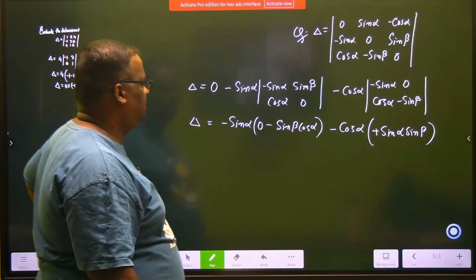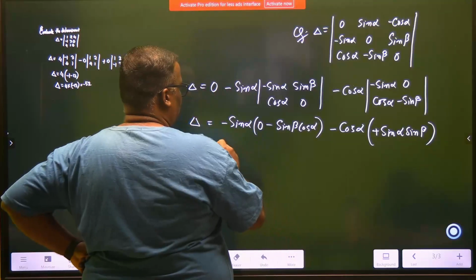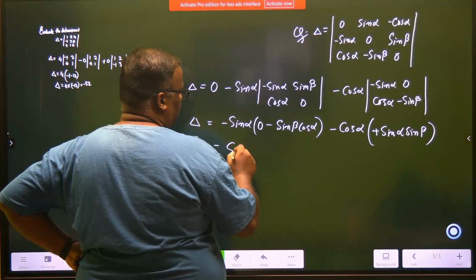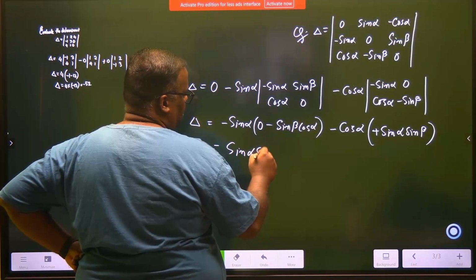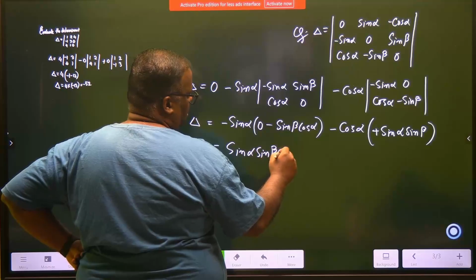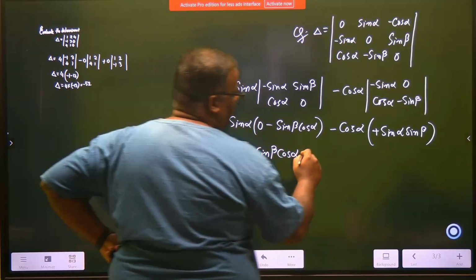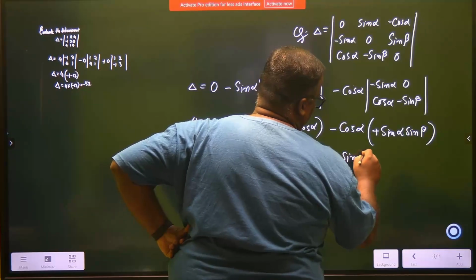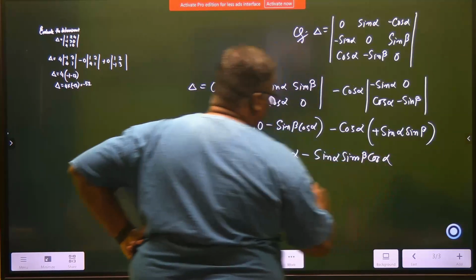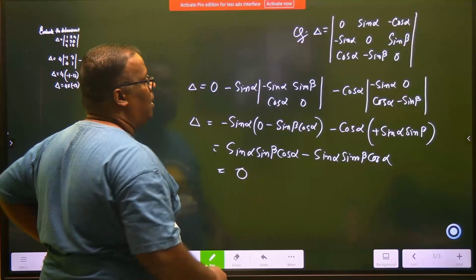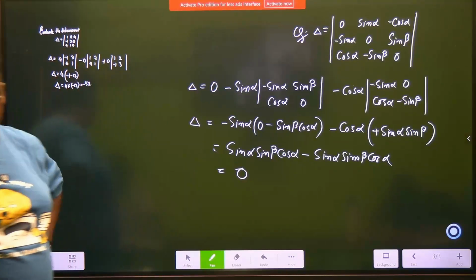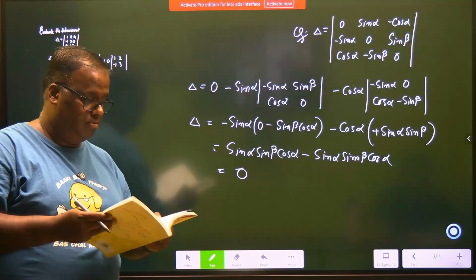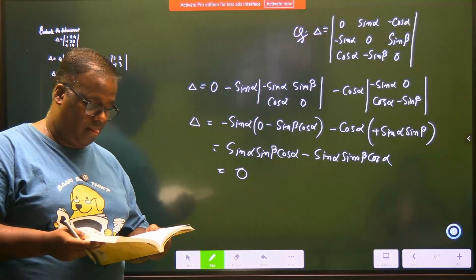Clear? So we get negative multiplied by negative is a positive. So we get sine alpha sine beta cos alpha minus sine alpha sine beta cos alpha. Finally, our answer is 0. Satisfied answer.